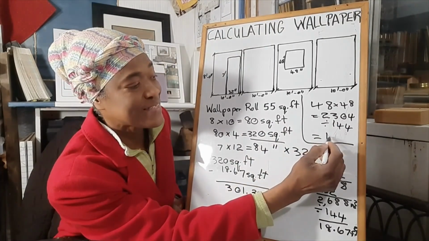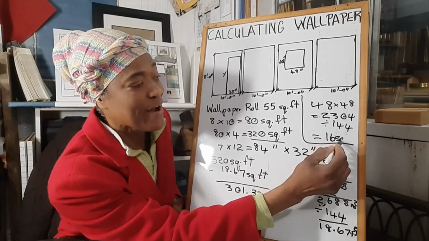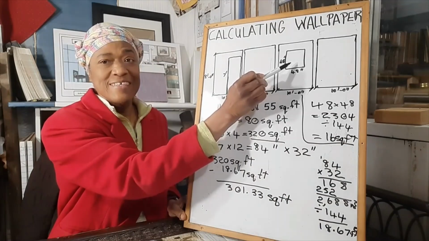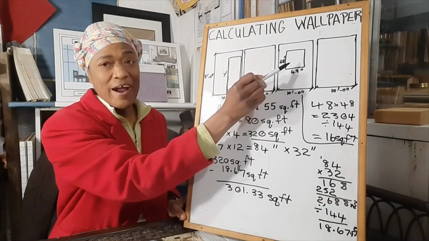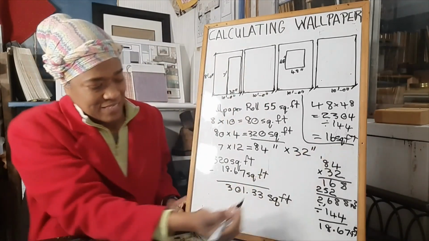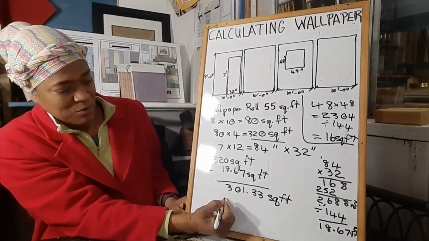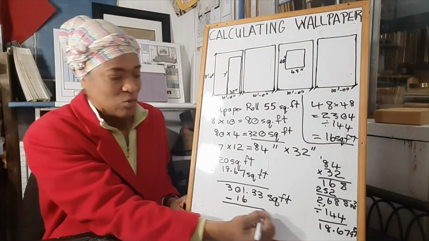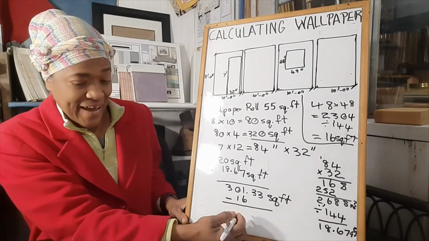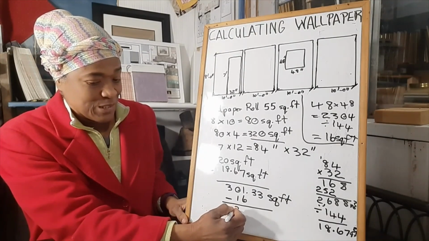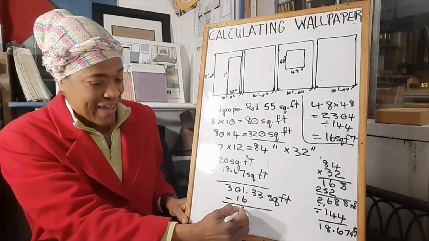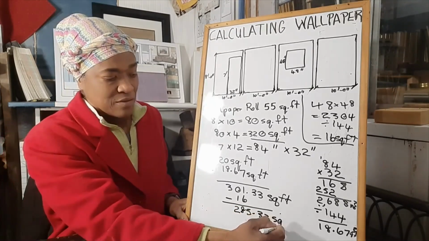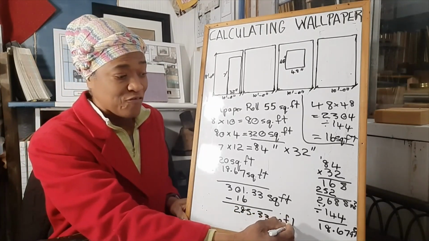That will be 16 square feet. So the window is 16 square feet. Take the 16 square feet and we subtract that from the 301, and we get 285.33 square feet.